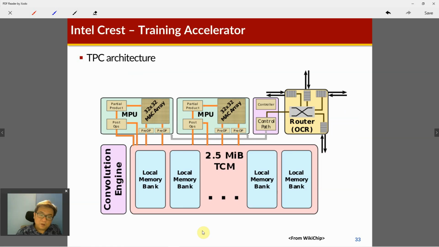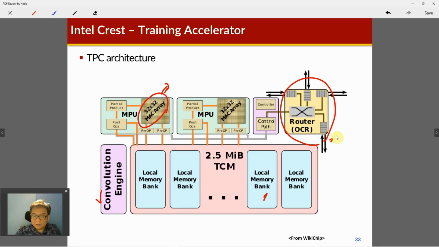Okay, and this figure shows the inside of the tensor processor core. As you can see, the tensor processor core has the MAC array. It's a 32 by 32 MAC array. It's a multiply and accumulate array. It also has the convolution engine, and some dedicated memory. The buffer memory is here, and these tensor cores are connected to each other with an interconnection network, and this is the interconnection network router here.